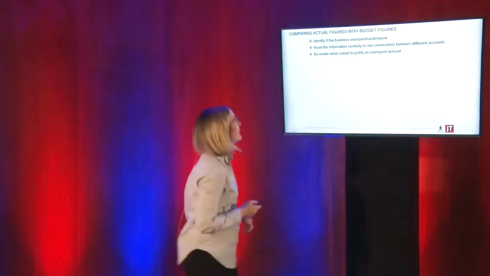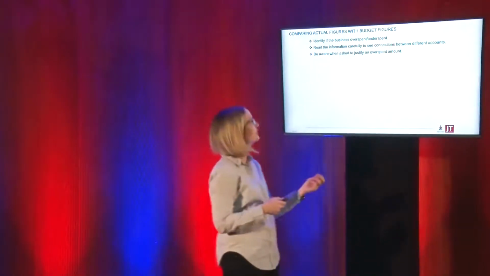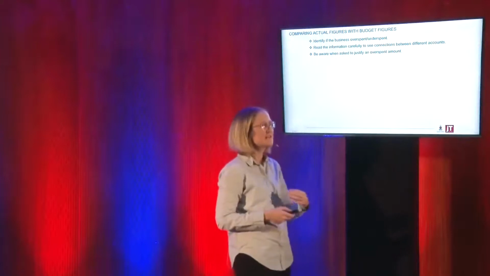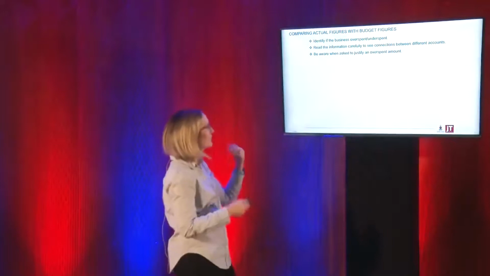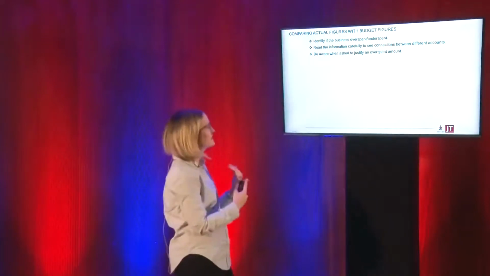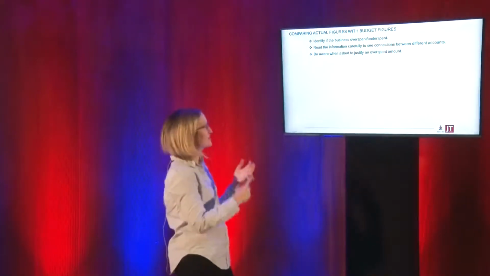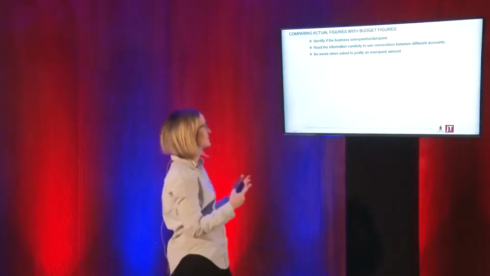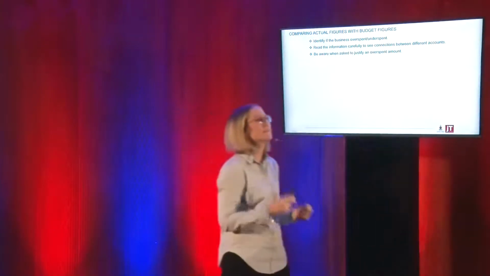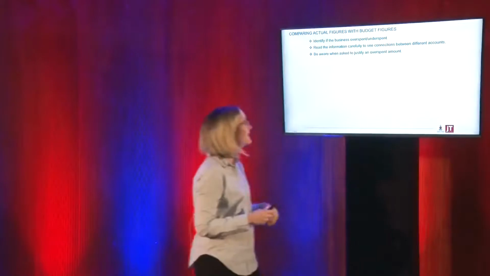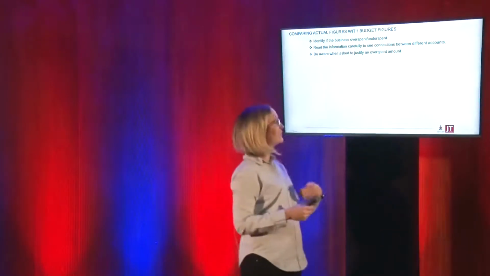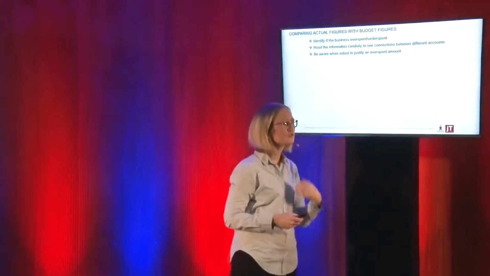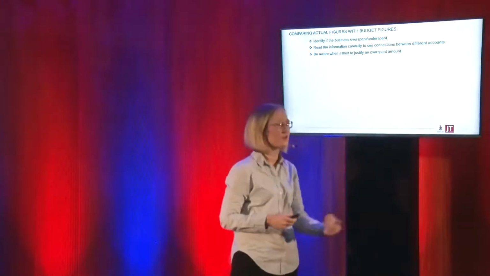If I now look at comparing actual figures and budgeted figures, it is easy but not that easy. Why? You need to first identify if the business overspent or underspent. Read the information carefully. Be aware when asked to justify if we overspent, to justify why we overspent.